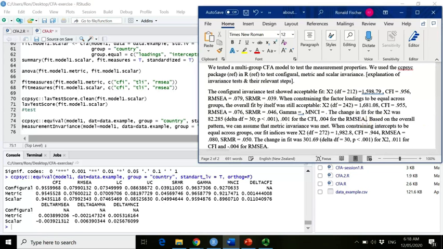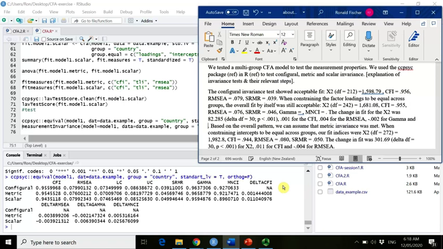So it would be 0.002 for gamma and 0.05 for McDonald's non-centrality index.